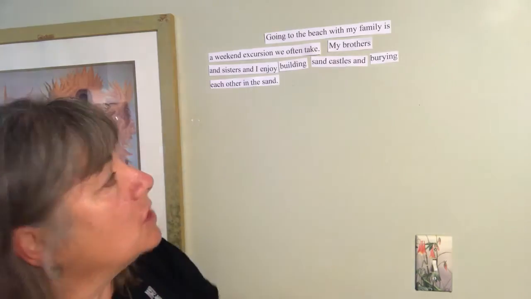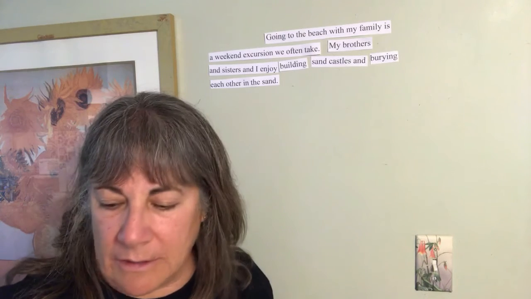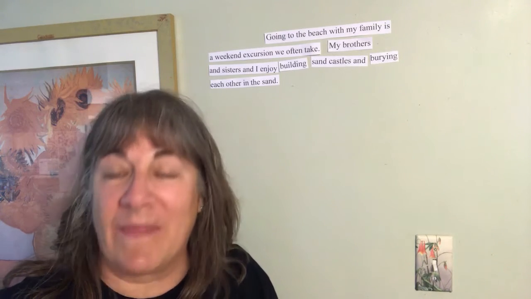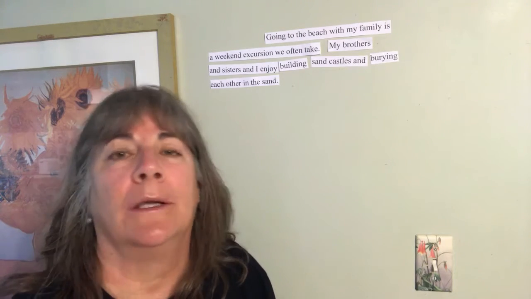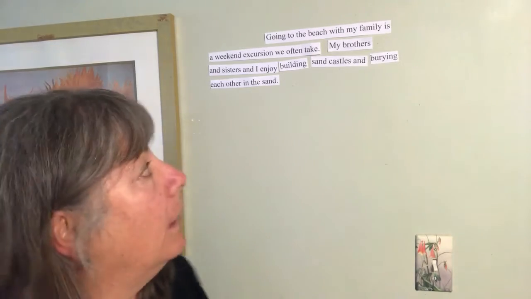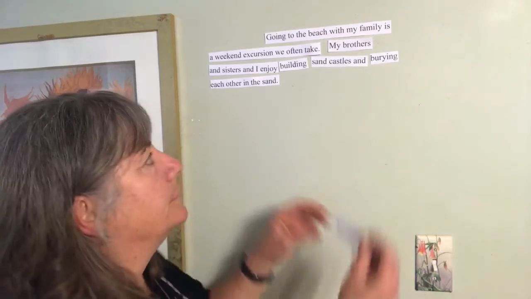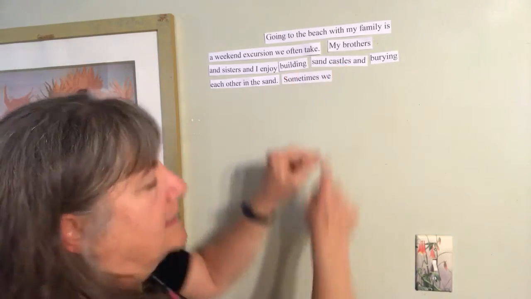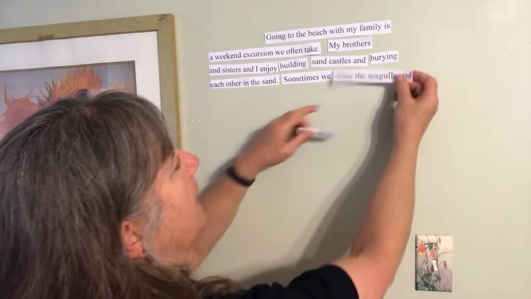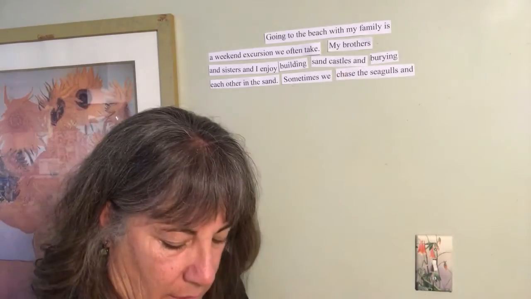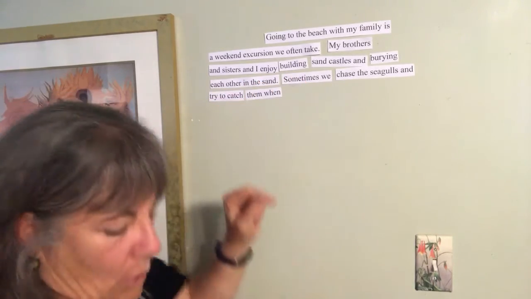All right, so how about another idea? "Sometimes we chase the seagulls and try to catch them when they try to steal our picnic food that we have taken with us to the beach." I'm looking at my cheat sheet down there. All right, so this is going to be supporting sentence number 2, another detail.